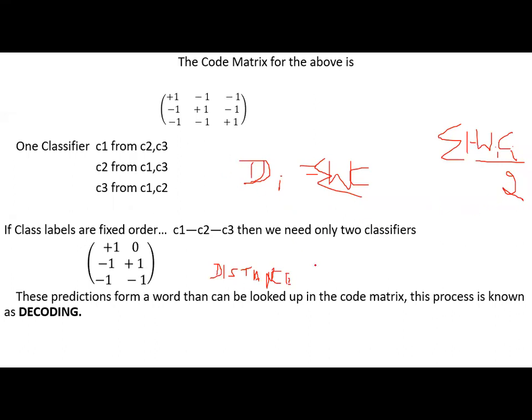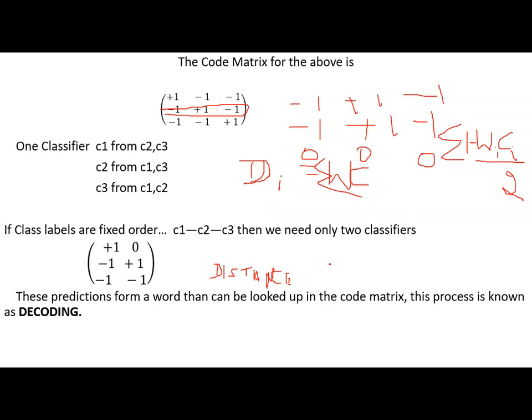The result must be, listen carefully, if our word consists of, say for example, -1, +1 and -1, then the distance must become 0 with C2. You see here -1, +1 and -1. Because these two are equal, the answer is 0 for this. These two are equal, the answer is 0. These two are equal, the answer is 0.